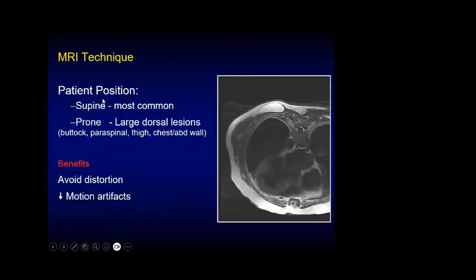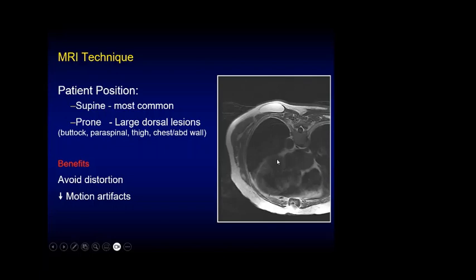So, for example, with patient positioning, when we image patients with soft tissue sarcomas, we would always aim to image the patient in a supine position because that's the most comfortable position for the patients. However, there are instances where supine position may not really be achievable, an example of that is if you have a soft tissue mass on the back of the trunk.